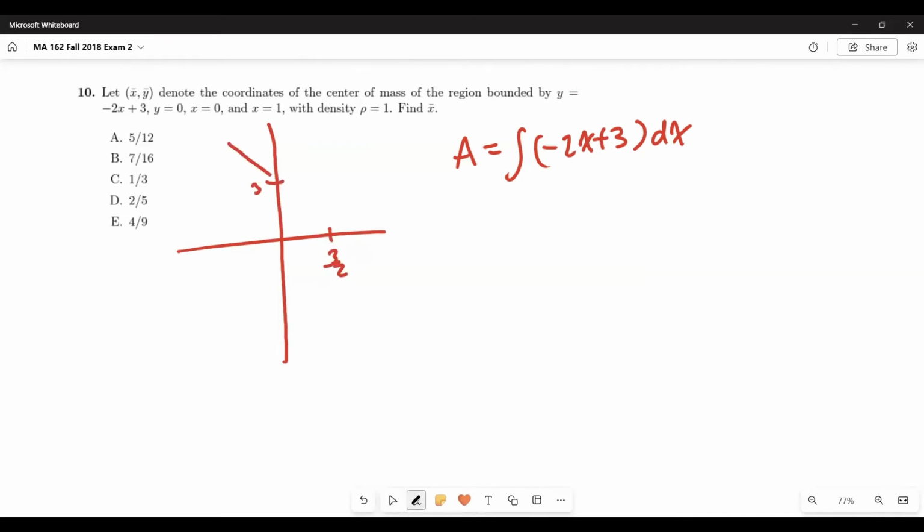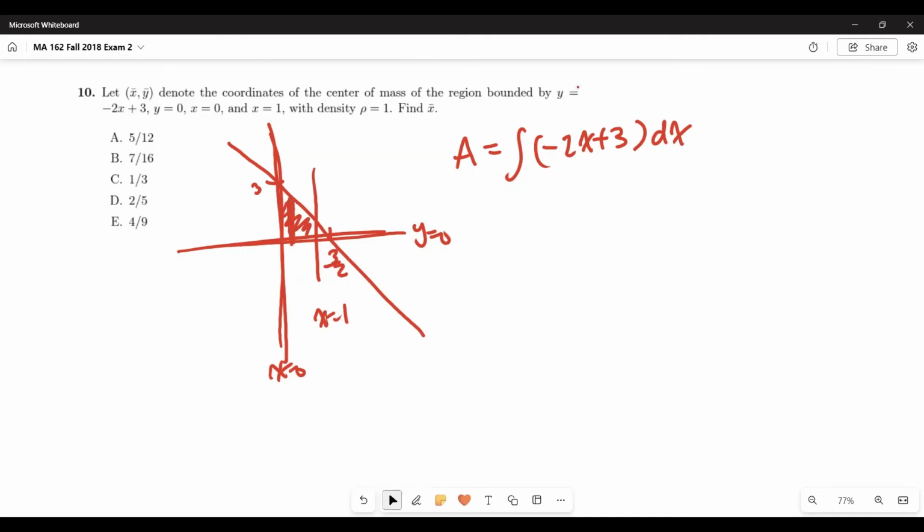Let's draw it then. Draw that, and then y equals 0 here, x equals 0 here, and x equals 1 bounded. So the area is this area, and this area is only bounded by y equals negative 2x plus 3.